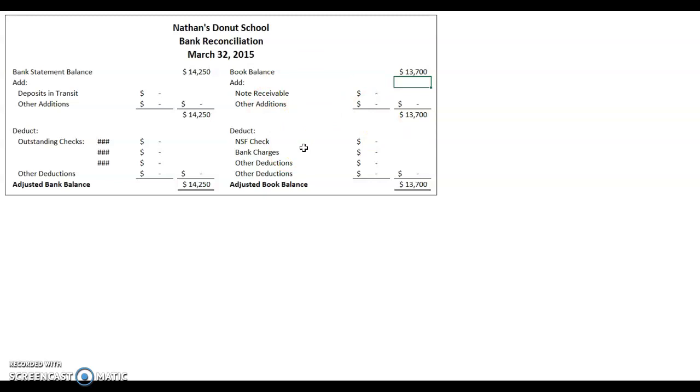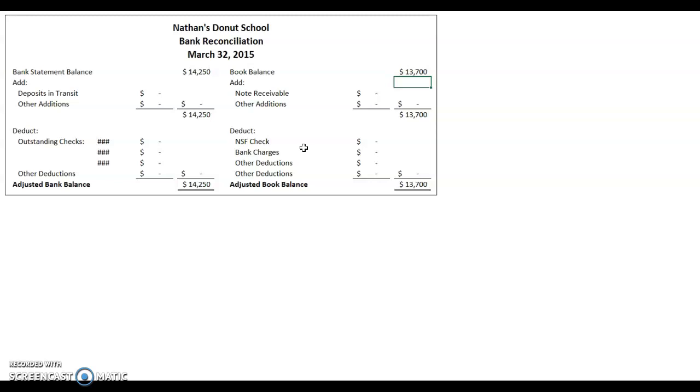A check written by HHO Corp. for $250 was rejected by the bank for insufficient funds. So what you want to think about when you're trying to figure out where to put this on your bank reconciliation is where you would have found out about that information. So if there was a non-sufficient check, I probably would have found out about it from my bank statement or from the bank and would not have recorded anything yet in my books.